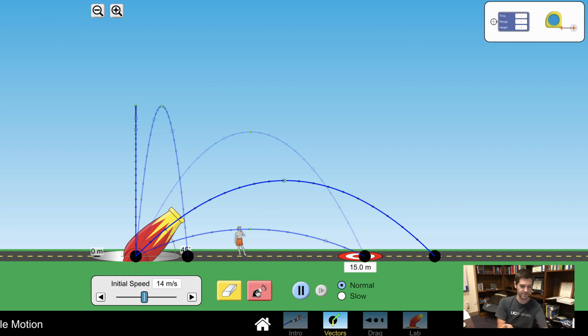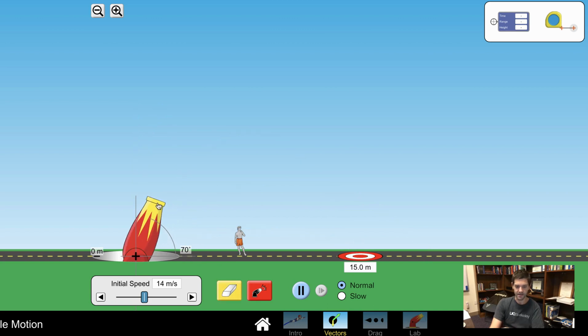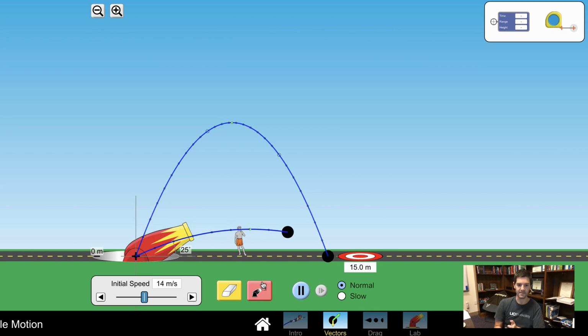You're giving plenty to the vertical motion, which means the object stays in the air longer, and plenty to the horizontal motion, which means it's able to cover more distance before it hits the ground. Compared to, say, if you launch it at a very steep angle, it stays in the air for a really long time, but there's not a lot of horizontal velocity to get it anywhere. Versus if you do it at a very shallow angle, it's really careening in the horizontal direction, but you don't have that much time before it hits the ground.